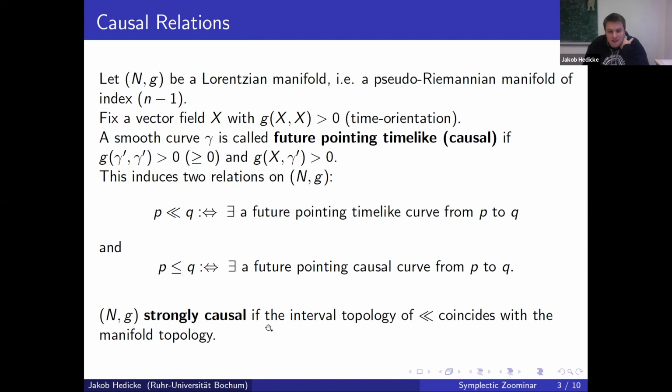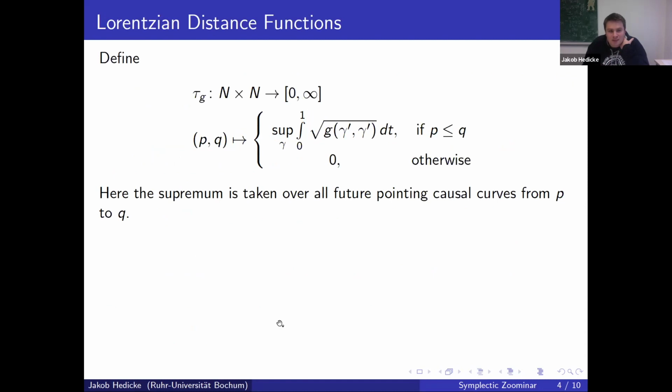So now to Lorentzian distance functions, which is a more abstract way to look at Lorentzian metrics. Unlike the Riemannian case, there's no natural way to associate a metric to a Lorentzian metric, because it's not positive definite. But instead, there is something called the Lorentzian distance function or time separation function. It's a function from N times N, the Lorentzian manifold, to 0, infinity, where in the Lorentzian case infinity is really included.